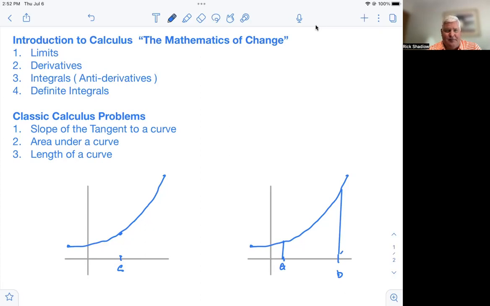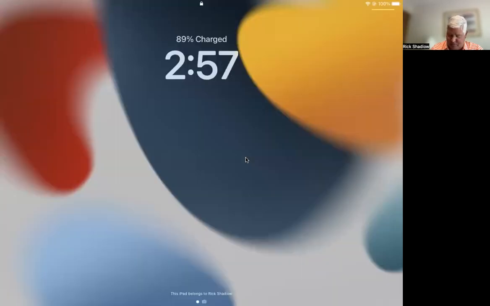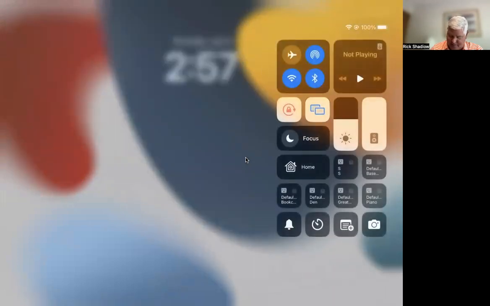So calculus, as we started out here, basically had 3 classic problems that were trying to be solved, with Sir Isaac Newton being one of those motivating forces, and Leibniz another. The first is the idea of the area under a curve. Let's try that again.